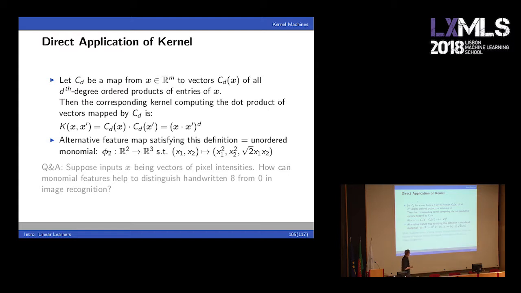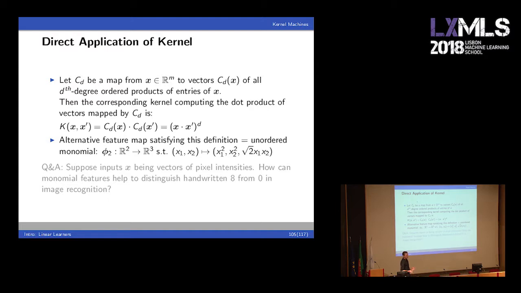Okay, so maybe a question for those who know about image processing. Why would these monomial features, or the kernels that are called polynomial kernels, make sense? For example, for image classification.